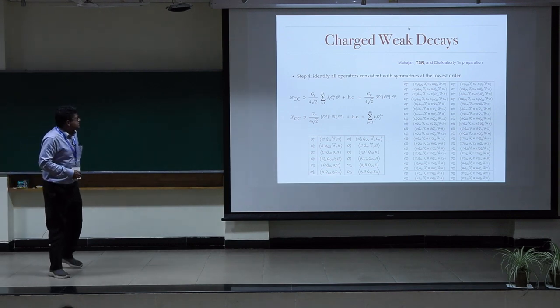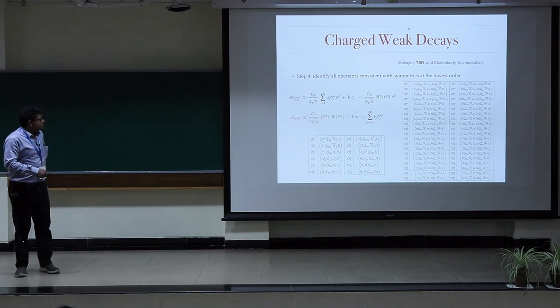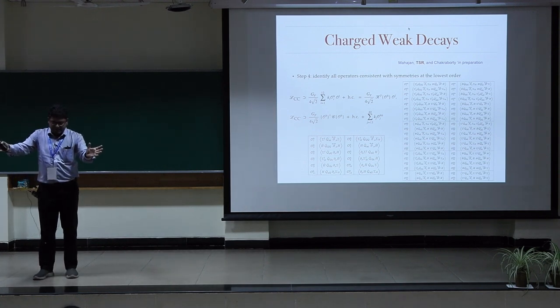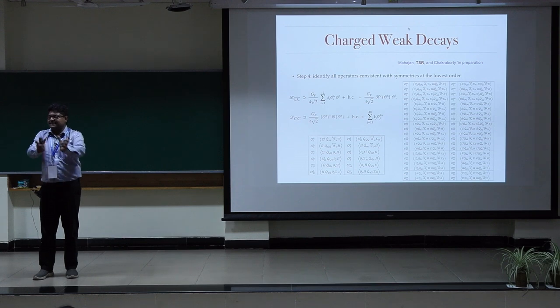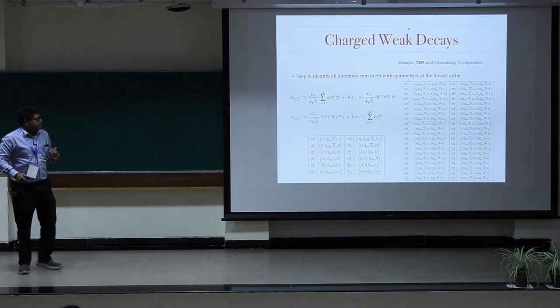Done. So first let's look at the leptonic weak decays. You construct operators which look like currents for different generators. If you look at, for example, the W exchange process, this is a current interaction, right? And these currents are exactly the symmetry currents for various flavors.